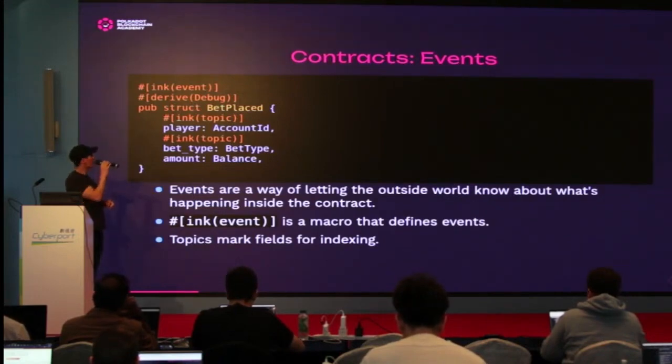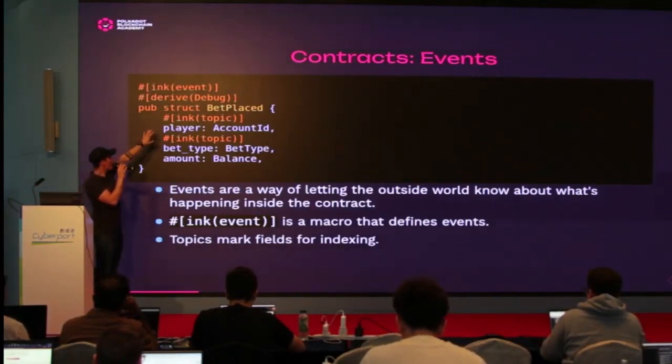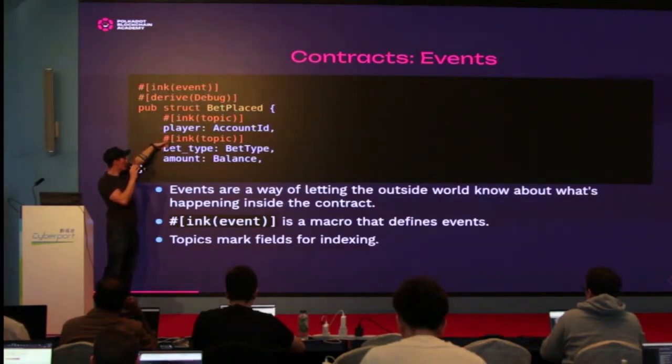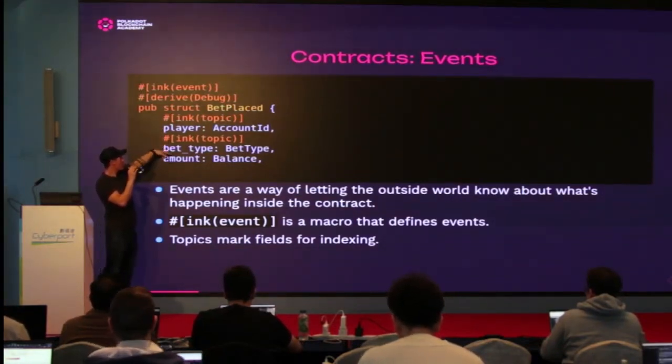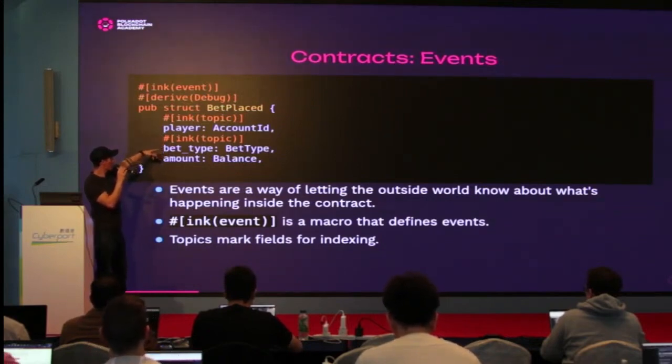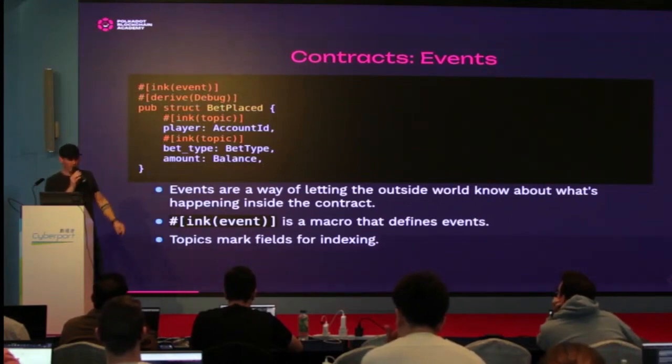In Ink, you mark a struct with a macro as an event. You can index different fields of it, which allows you to filter faster on these fields. You can have multiple, I think up to 3 index fields. Question?